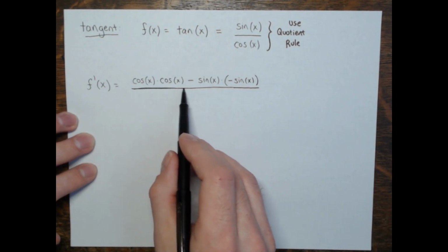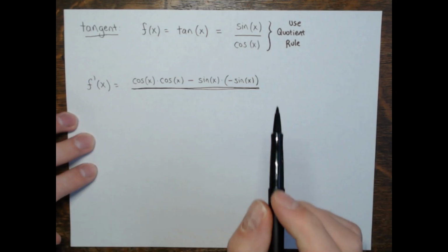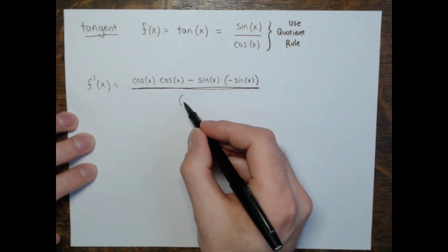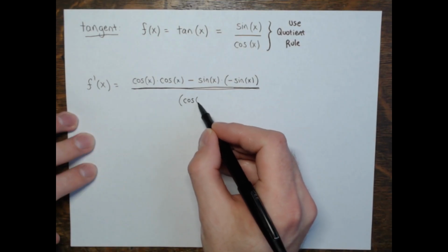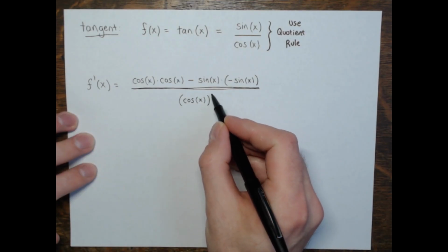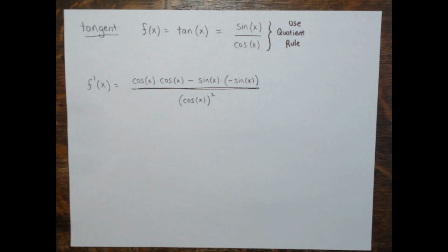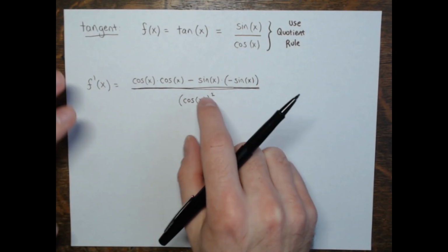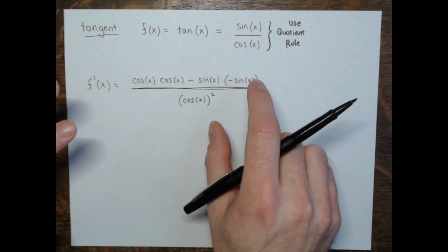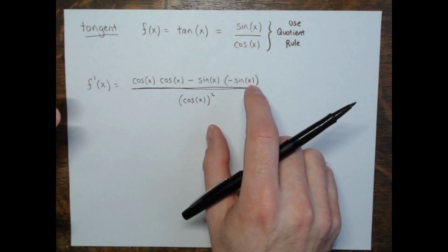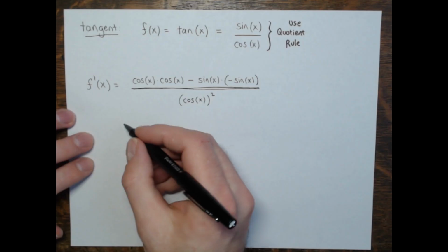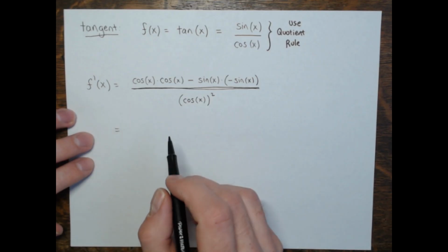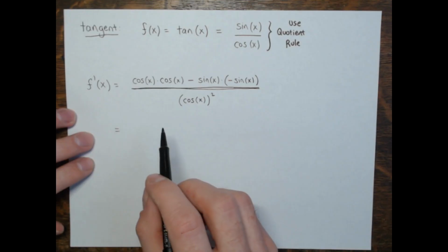And then all of that divided by the denominator the way it was, cosine x, squared. All right, so this is all well and good. This expression is the derivative of the tangent function.